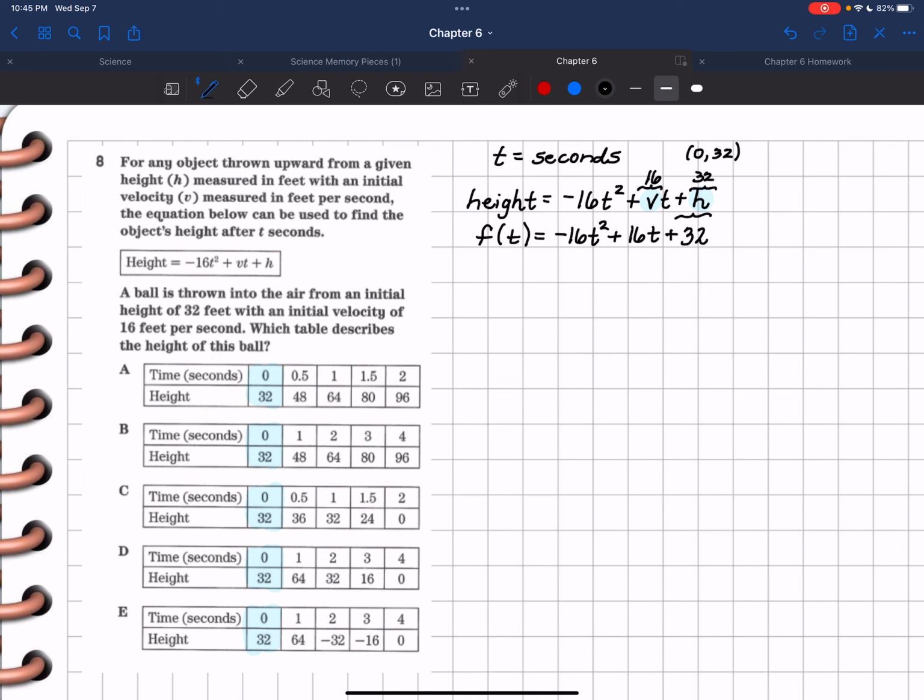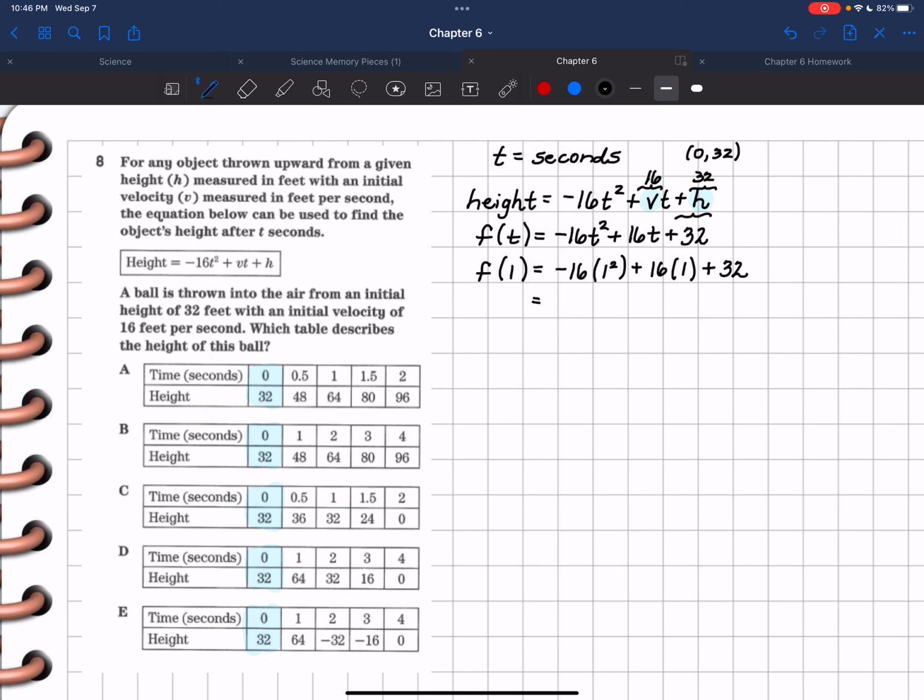So let's see what we have as a function of 1 second. So we have negative 16 times 1 squared plus 16 times 1 plus 32.